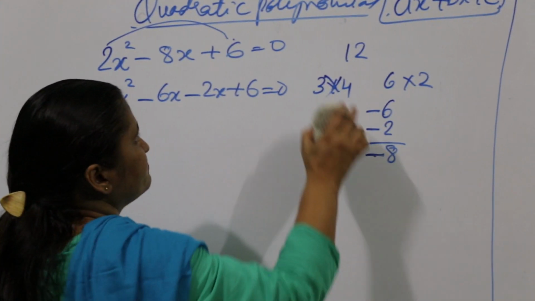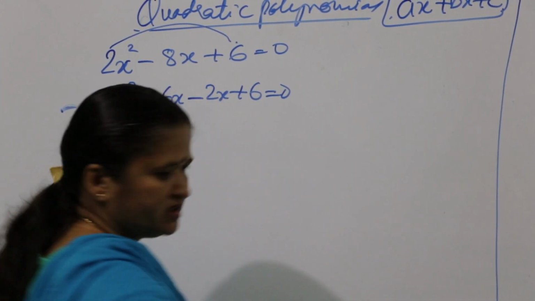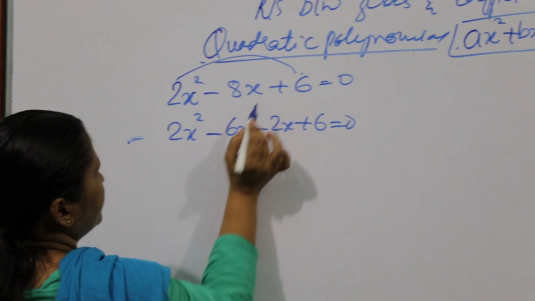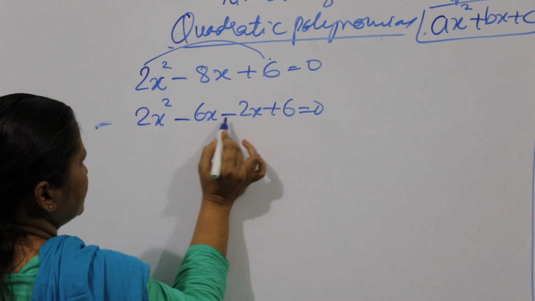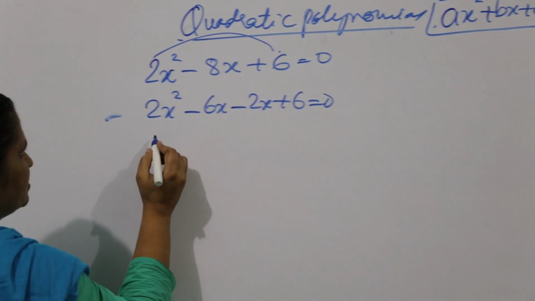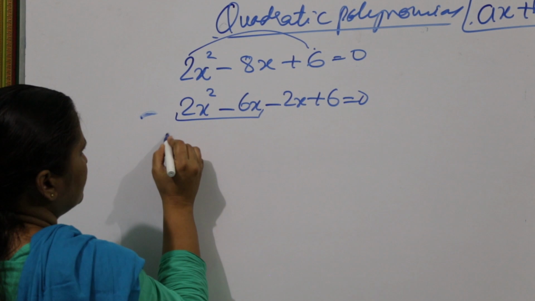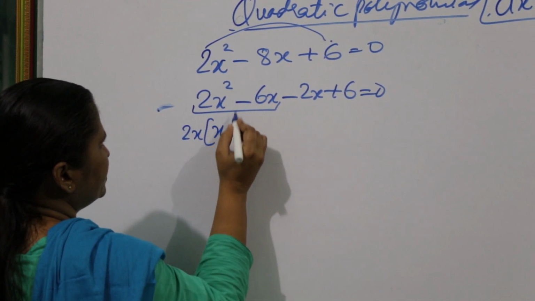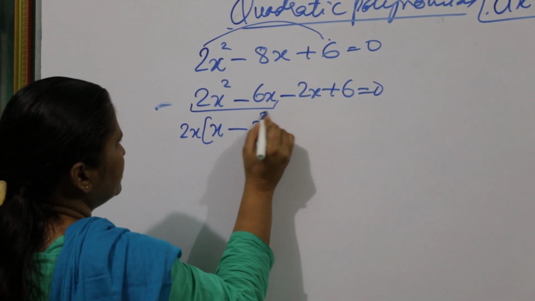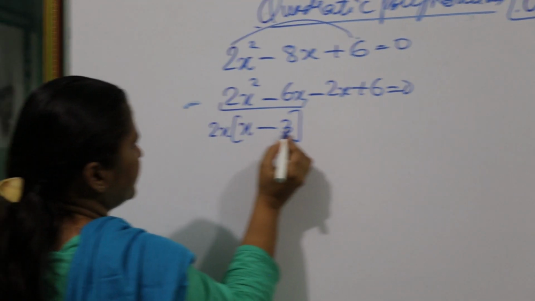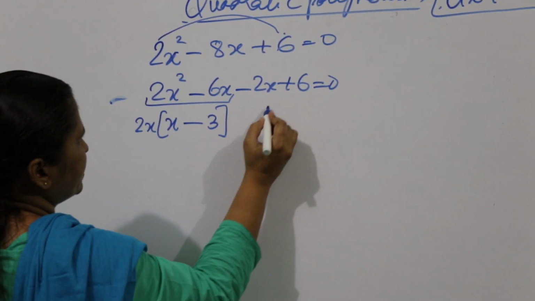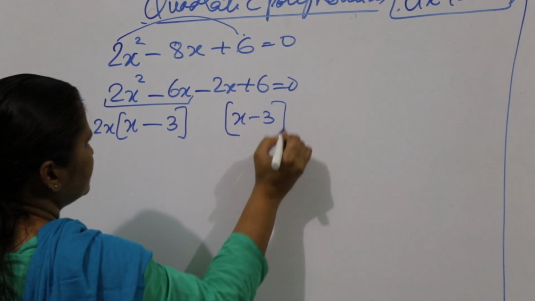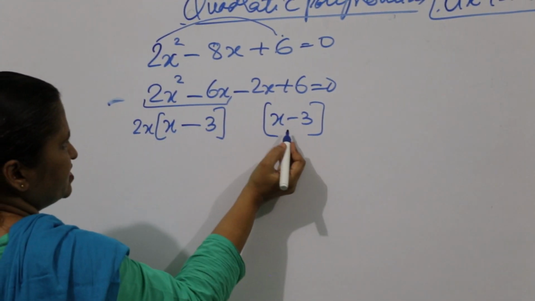This is what we do in splitting the middle term. Now this 8x is split as minus 6x minus 2x. Take common factors out: 2x, and here you are left with x minus 3, because 2x times 3 becomes 6x.